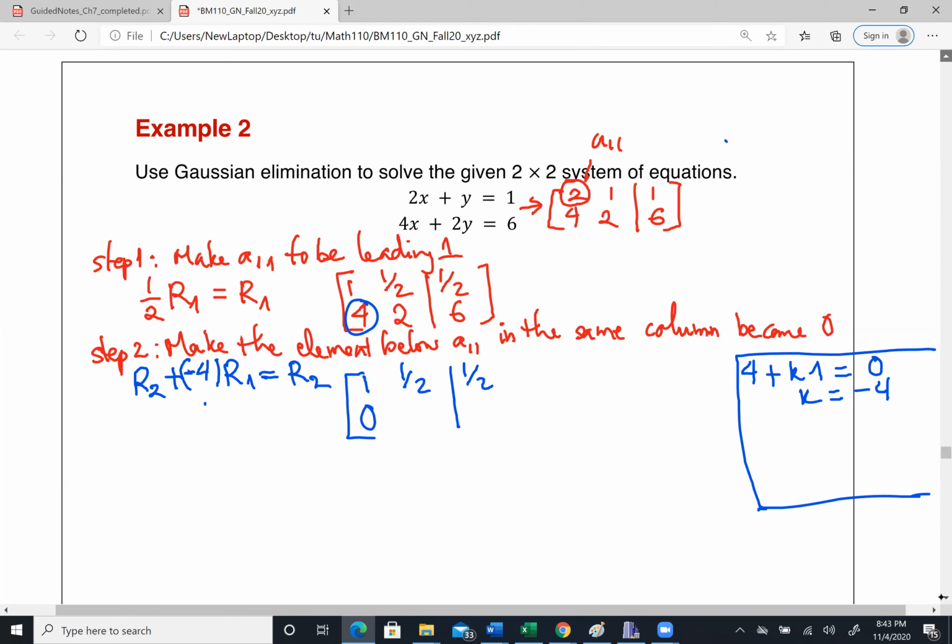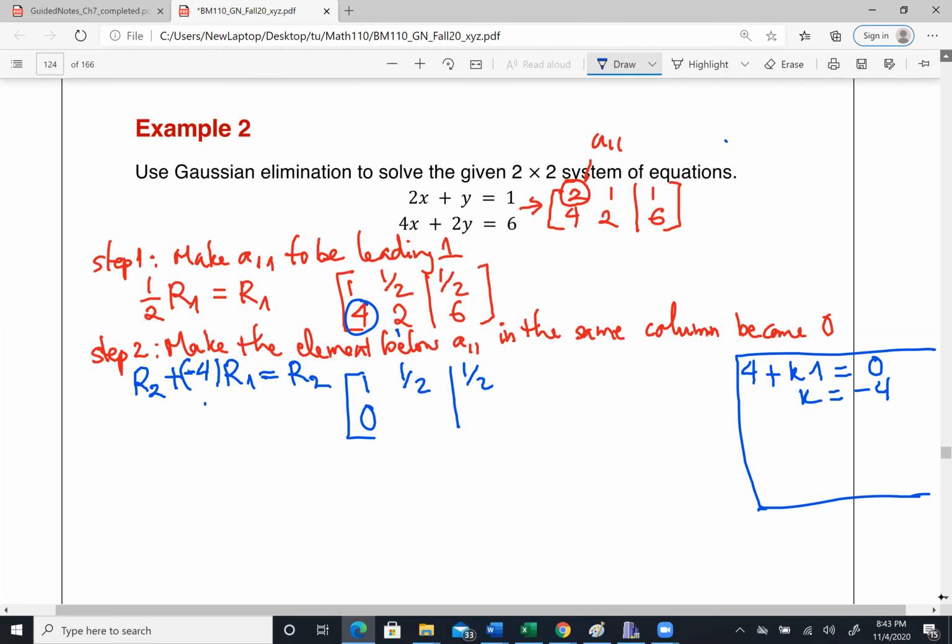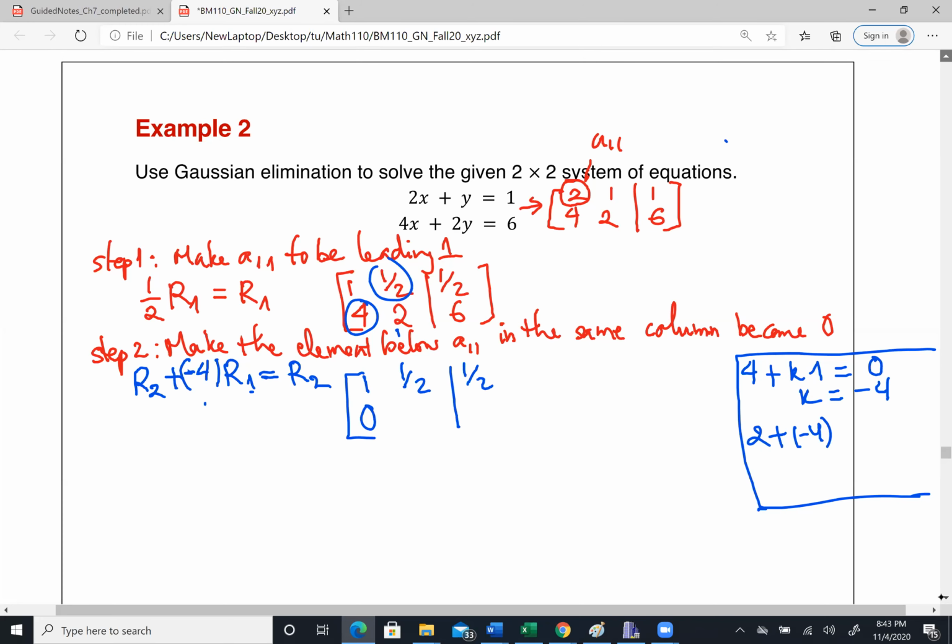The second one is 2 plus negative 4 times 1/2, which is 2 plus negative 2, also equal to 0.